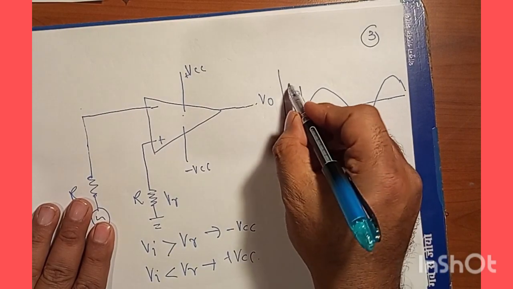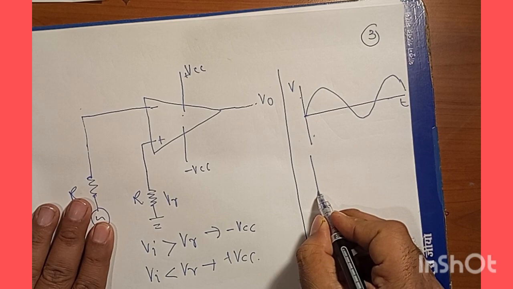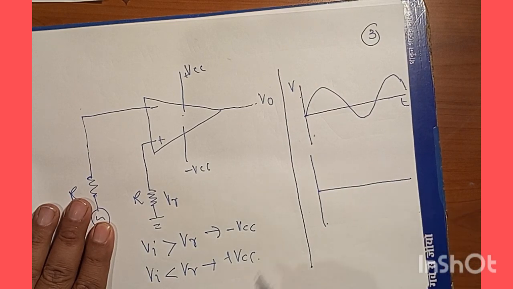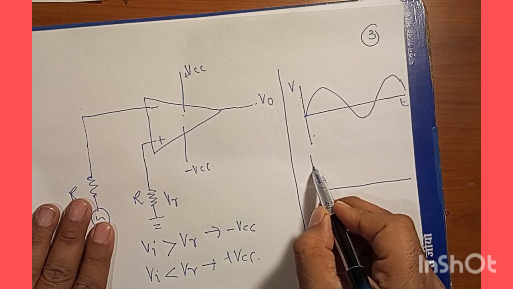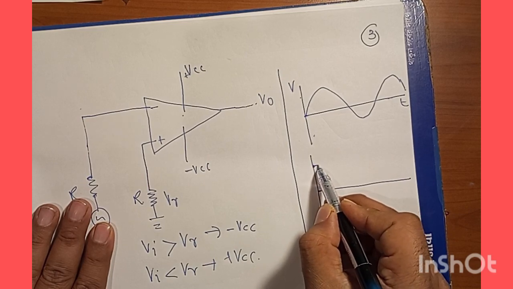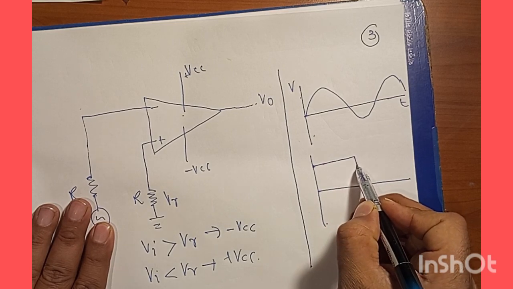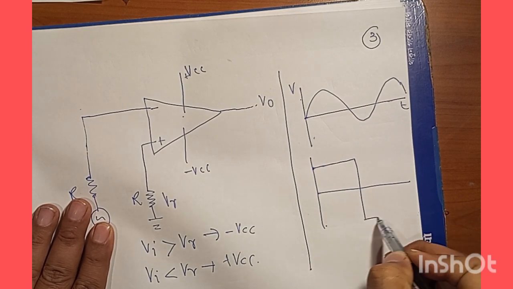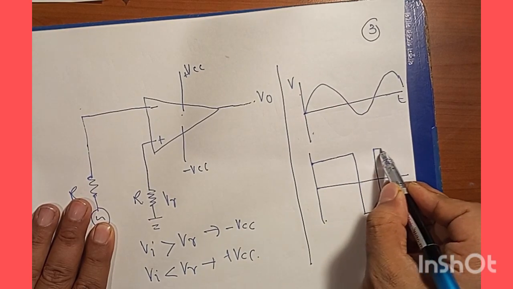And so this is my V and this is T, and so here we will have a situation like this. It will be like this. It will be like this.